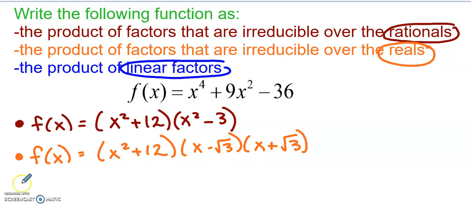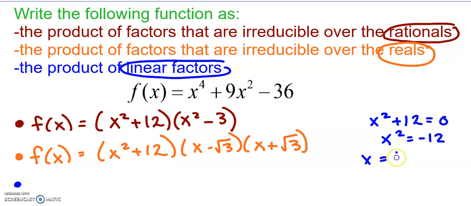Last one here says, I just want to write it as a product of linear factors. Each of these needs to have a degree of 1. It doesn't specify what kind of numbers we have, so we're going to have to get into the imaginary world. If I set this equal to 0, I get plus or minus i root 12, which can simplify as 4 goes into that, so 2i root 3.